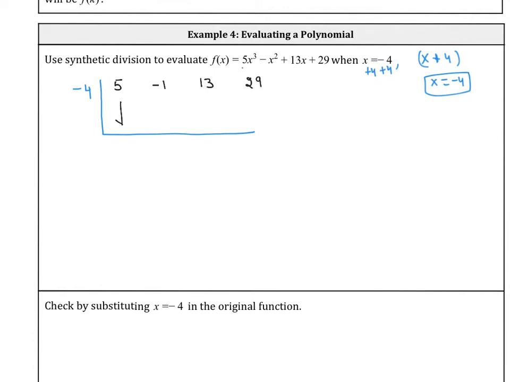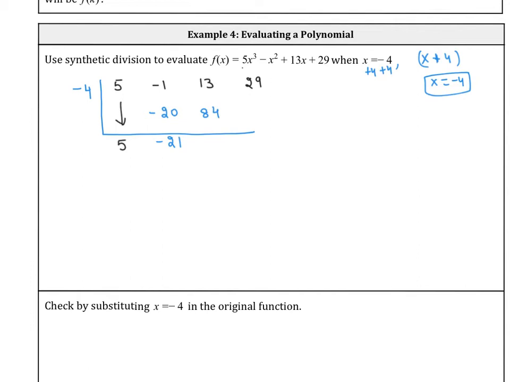You bring down the 5 as it is, and multiply by -4, so you get -20. Adding -1 and -20, you get -21, and then you multiply -21 by -4, which gives you 84.